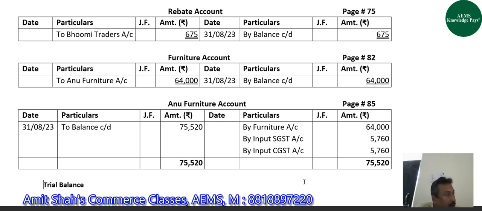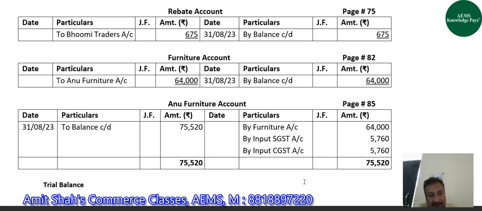Here also we do so, but here additionally we also take balance of cash and bank from cash and bank book. Why? Because in ledger, cash account and bank account are not there under the system. Because for cash and bank, we have cash books. So in ledger, I repeat, cash account and bank accounts are not maintained. So the balances of cash and bank are taken in trial balance from the cash book.